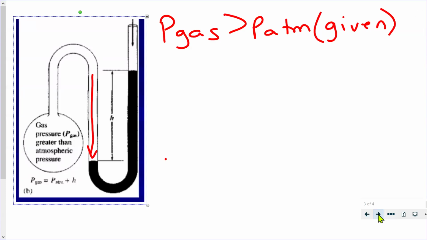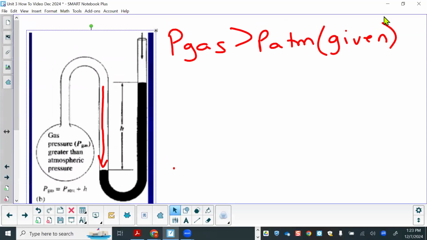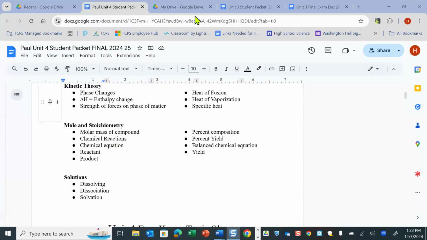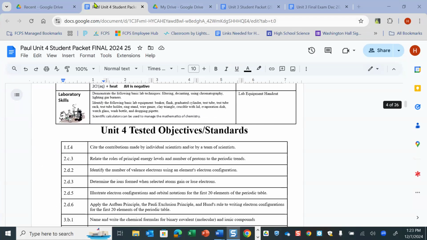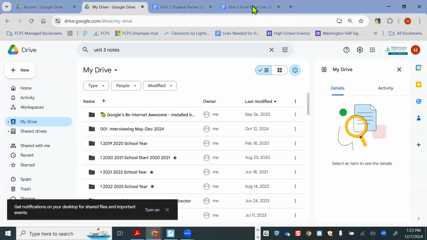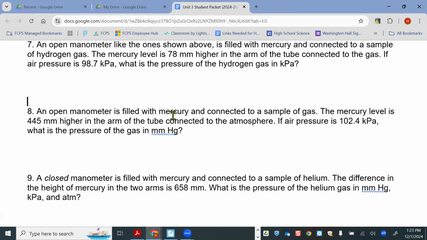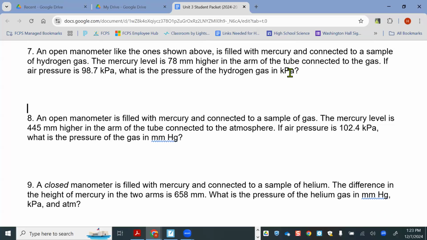So let me find one of those problems in our notes packet. That's unit 4. Couple things you need to do.